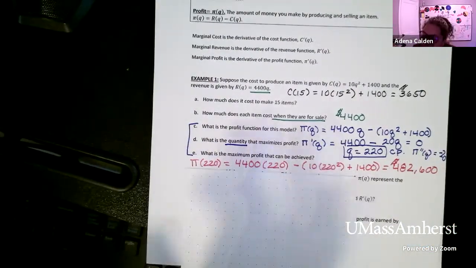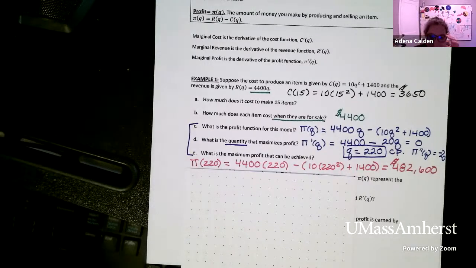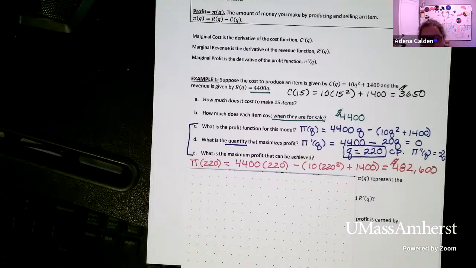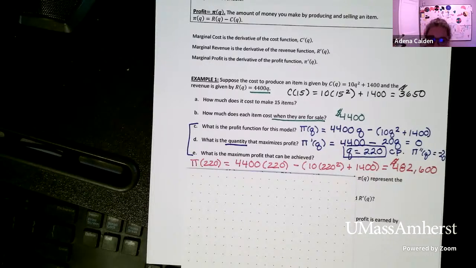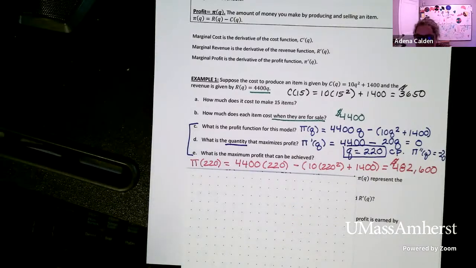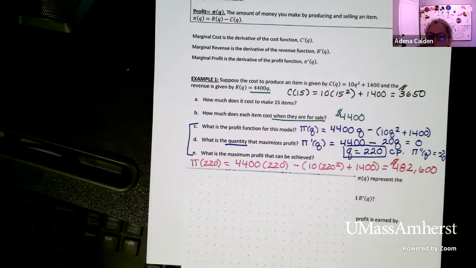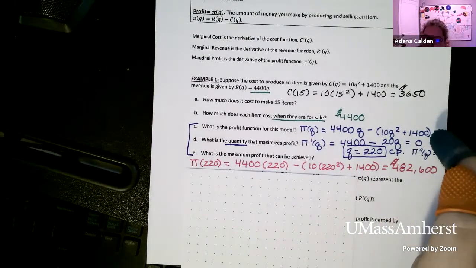And what I will say is that when you're doing this type of problem where you're maximizing profit, typically you will only have question D or E. Okay, so it'll either say what is the quantity that maximizes profit or what is the maximum profit. So if you get the question that is just here's the cost function, here's the revenue function, what is the maximum profit that can be achieved, you need to set up the profit function.